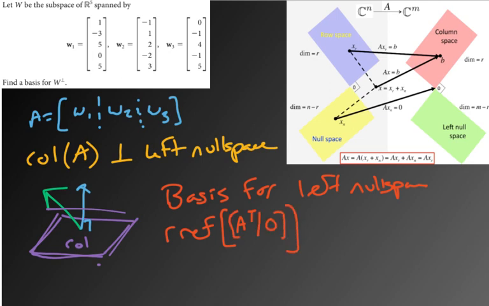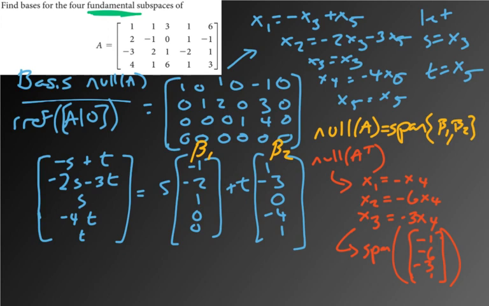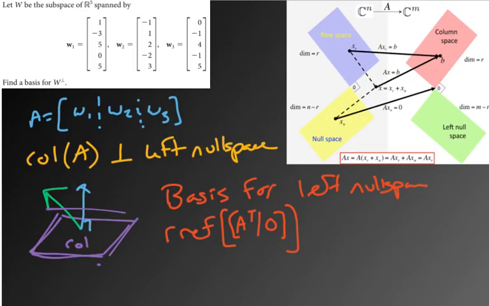And then just like over here, you would get this REF and you could describe x1, x2, x3, or whatever in terms of other things. You could parameterize it, and then you'd get some vectors, and those would be your basis vectors for the perpendicular subspace to W here.